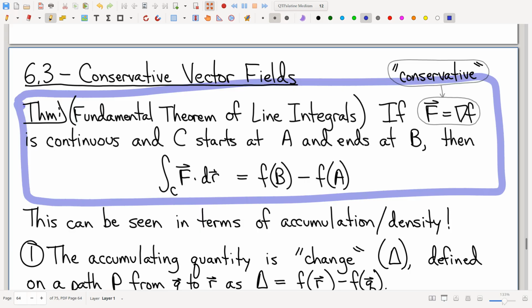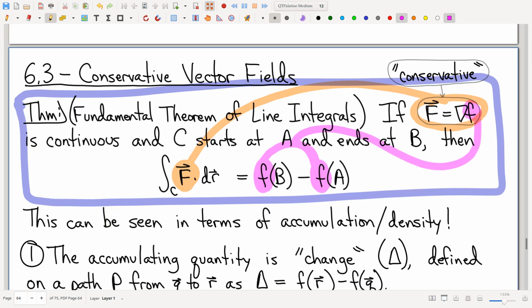And by the way, the analogy continues with, notice that the integrand is a derivative of sorts. It's a gradient. And notice that the thing that I evaluate on the other side is the anti-gradient. Just like with the fundamental theorem of calculus, it would be the antiderivative. So it's structurally super analogous to the fundamental theorem of calculus.